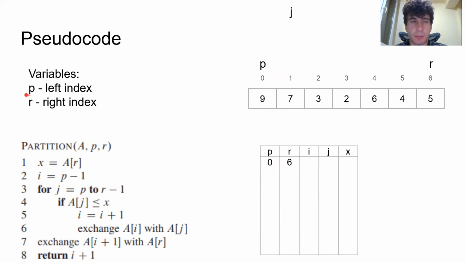So we have this P and R. These are the start index and the end index, left and right. These tell us which part of the array we want to partition. For now, they will always be 0, left will be 0, and right will be the last one, so it will be 6.